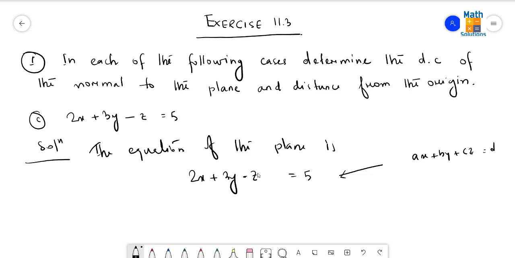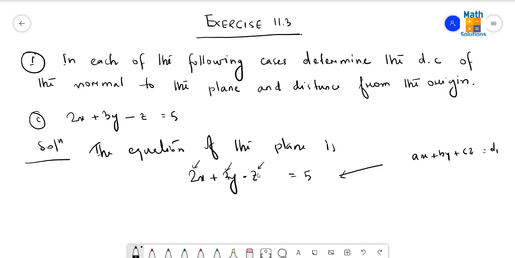Now say this is equation 1. So when we try to find out the direction cosines of the normal to this plane and the distance from the origin, what do we have to do? Both the sides should be divided by the square root of the sum of the squares of the coefficients of x, y and z.